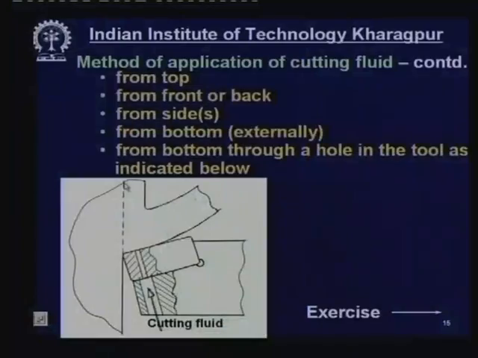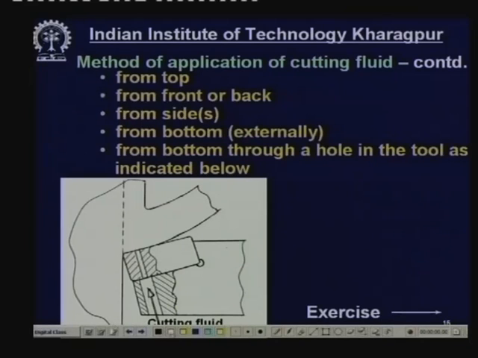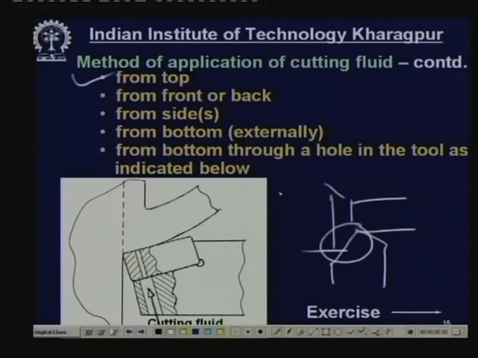Now, what are the methods? What are the common directions we follow? From top. So, this is the cutting tool and this is the workpiece, and we put cutting fluid from the top, here.